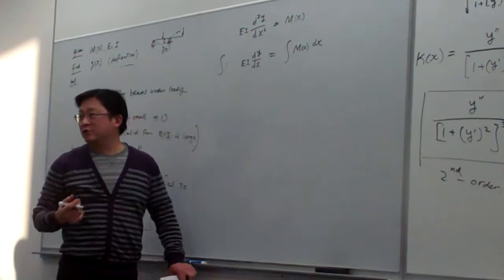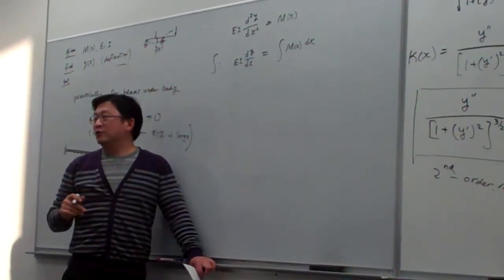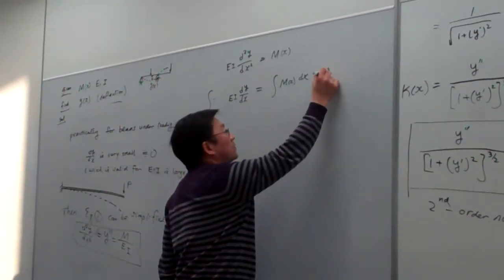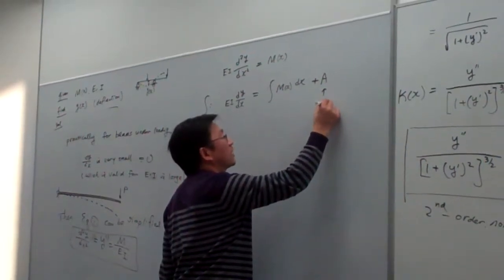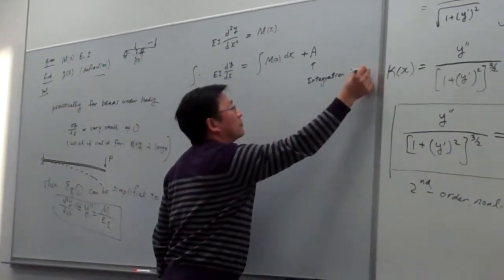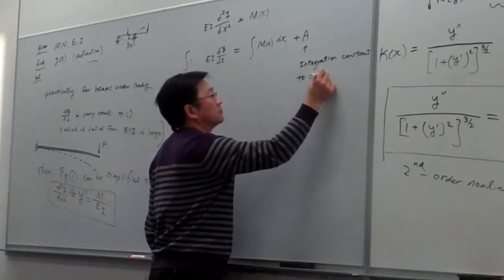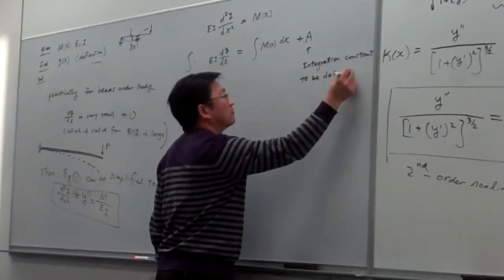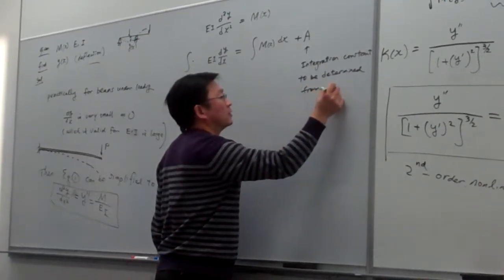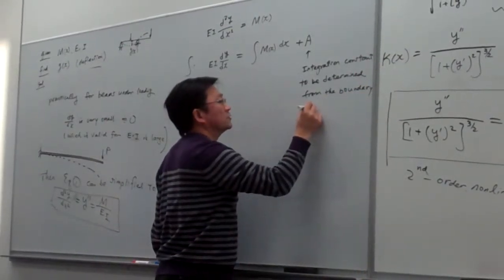And doing the integration, we have to come up with the integration constant to consider the boundary or initial conditions. So here A is the integration constant, to be determined from the boundary conditions.